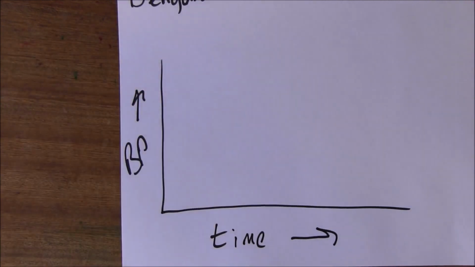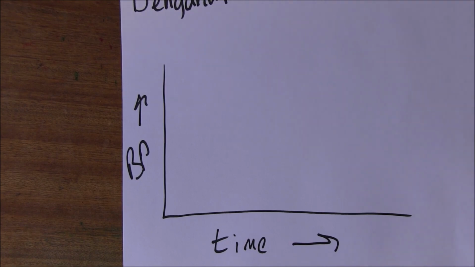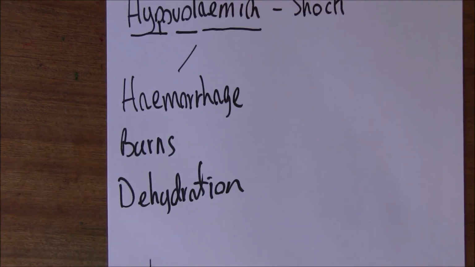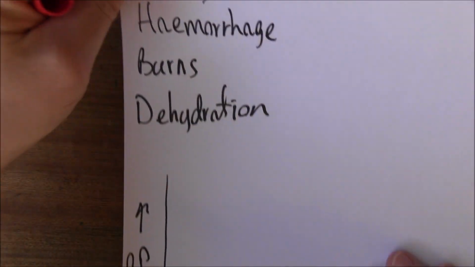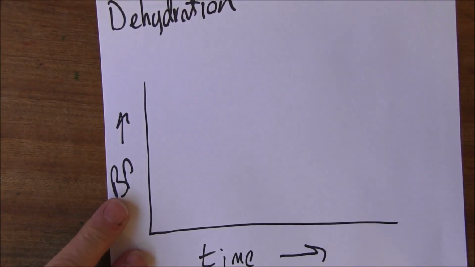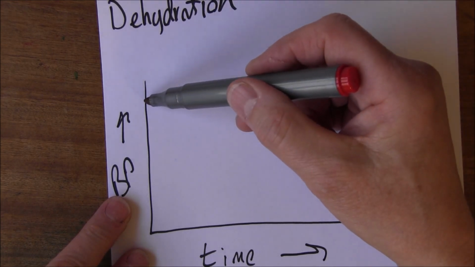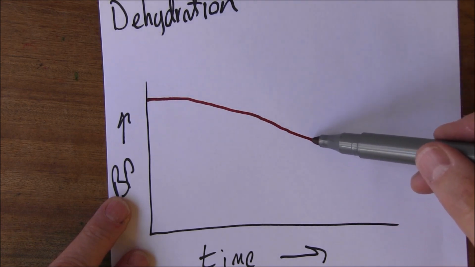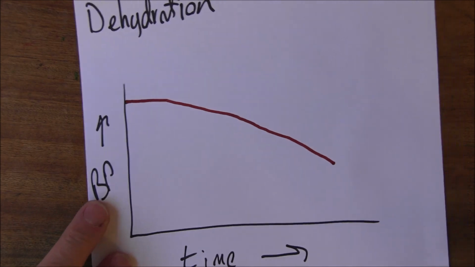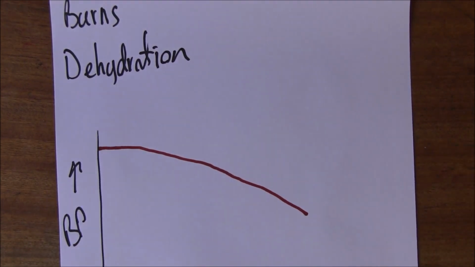Now, if there's progressive loss of fluid, whether it's blood or body fluid, whether it's caused by hemorrhage, burns or dehydration, in adults, the heart rate is going to increase first, of course, especially in old adults, and the blood pressure can start dropping off, and you might think, oh dear, this person's becoming a bit hypotensive, I better do something about this. We kind of have a bit of warning that things are going wrong.